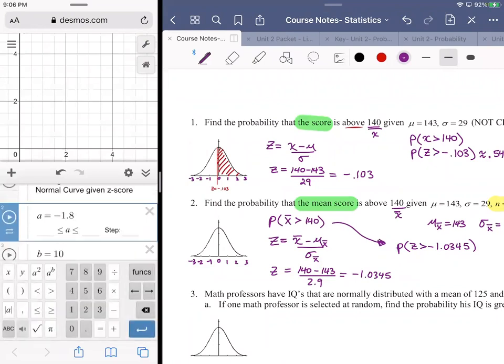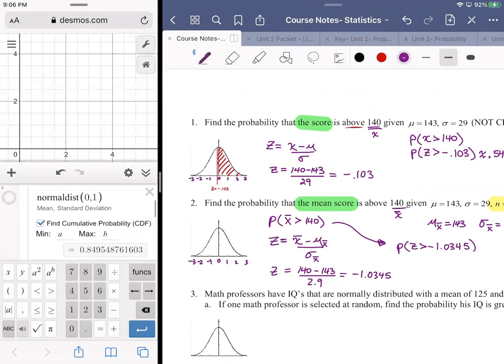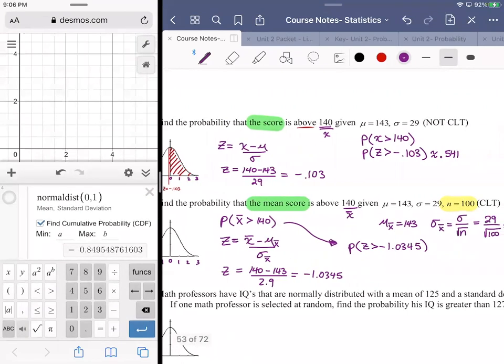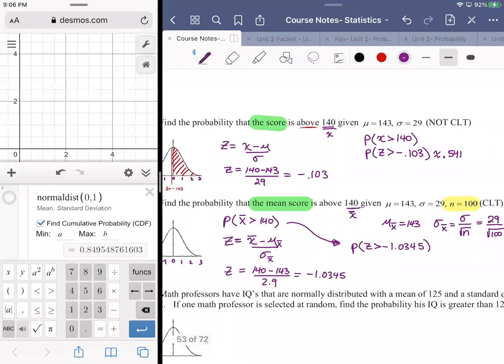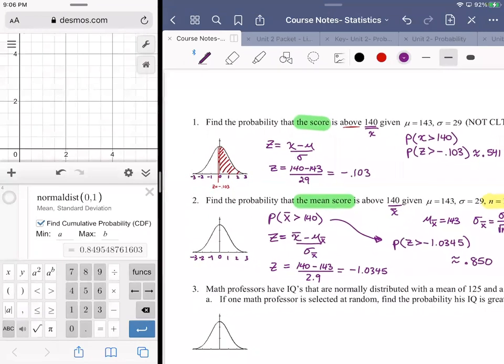Well, it's not going to be precise, so I'll just type it in. Negative 1.0345. Then I can go look at the readout there, and it looks like it's about 0.85 now. All right. So approximately 0.850. So we had about a 30% probability jump, which is insane.